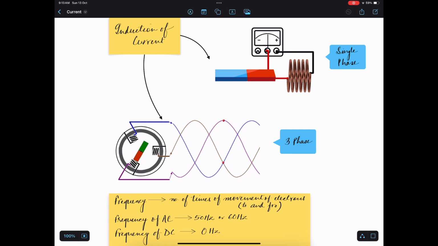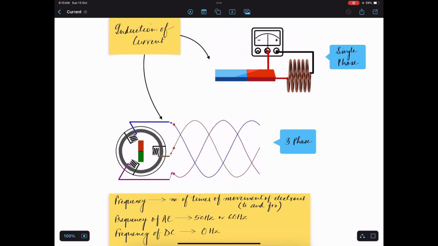So in this diagram, the first for single phase and the second for three phase, let's take a look at the first diagram only, for single phase, for a short period of time. When the magnet is making a movement inside the coil, the pointer inside the meter is pointing to the positive, and when the magnet is going out in the opposite direction of the coil, and stays there for some moment, the pointer goes to the negative and then comes back to zero.